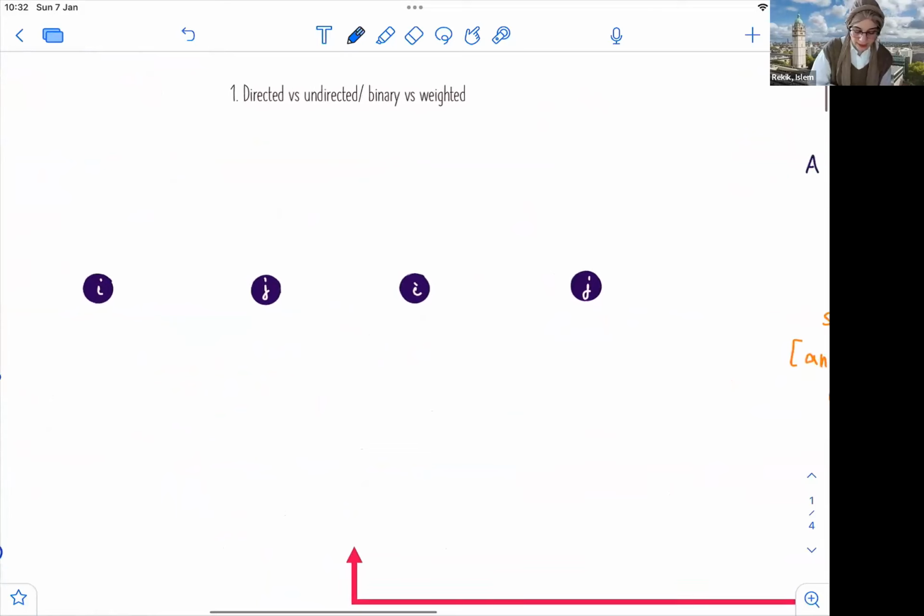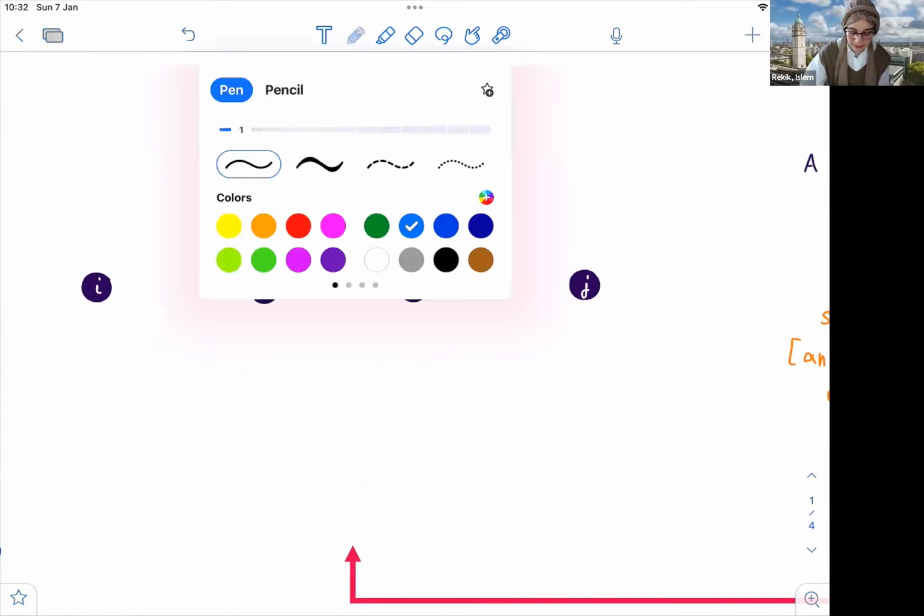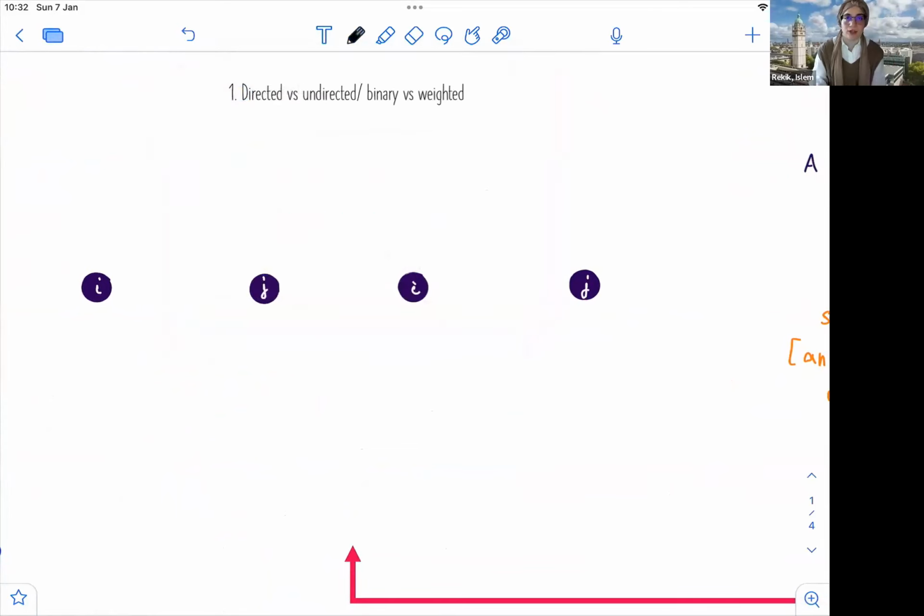So I'm going to just quickly explain this visually because we will cover it in a bit using matrices. So here, a graph is directed if there is a direction in which a node I maps or connects to a node J. So this is, for example, a particular type of connection. We can add more nodes here.